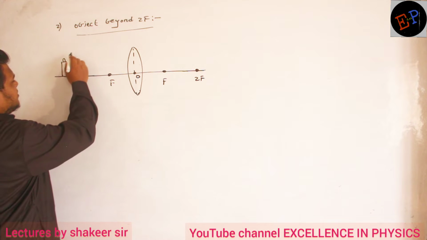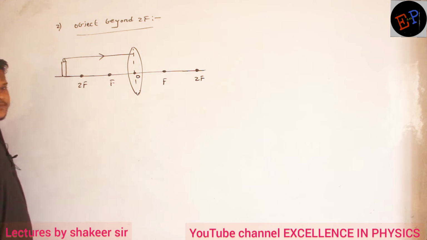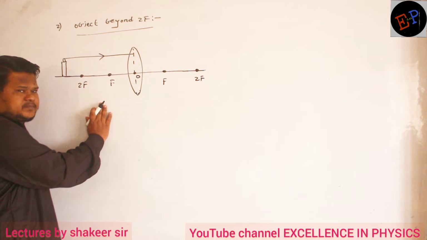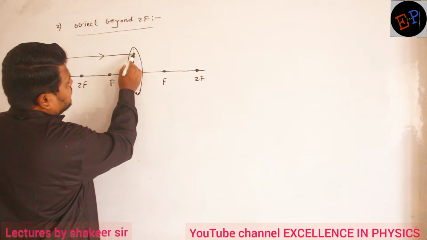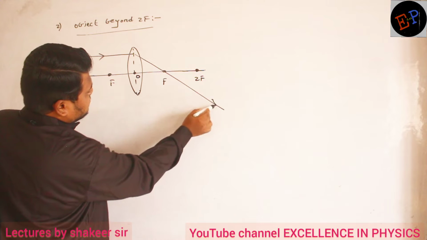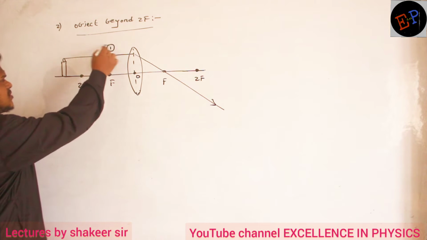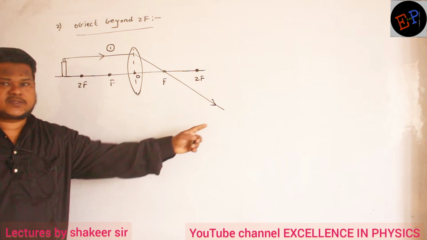First I will take the first representative ray, a light ray passing parallel to the principal axis. Then after refraction, how should it pass? It should pass through the focus. So this light ray passes like this. That is my ray number 1. Ray number 1: light ray passing parallel to the principal axis passes through the focus.